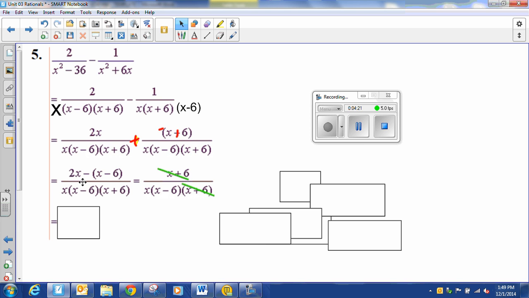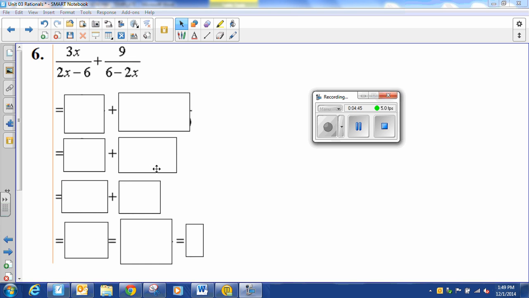So as you can see, 2x minus x is x. And the 6 became positive, that's why it's x plus 6. And as you can see, the x plus 6 and the x plus 6 cancel out, leaving a 1 in the numerator, and the denominator is x times x minus 6.